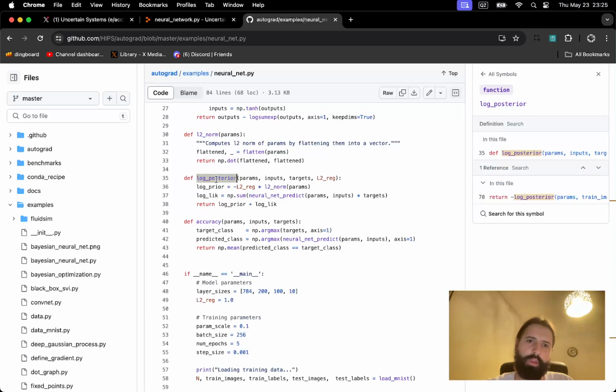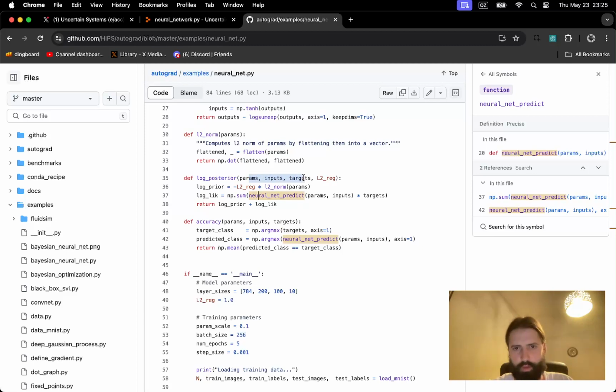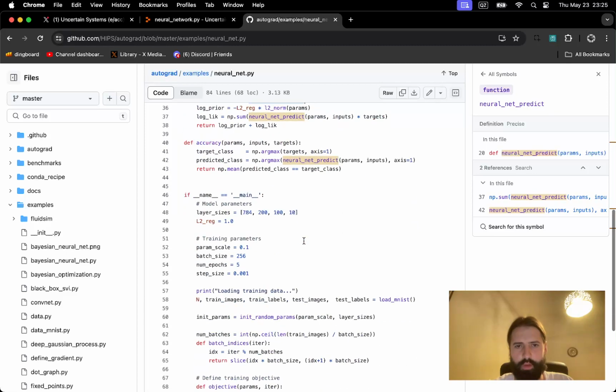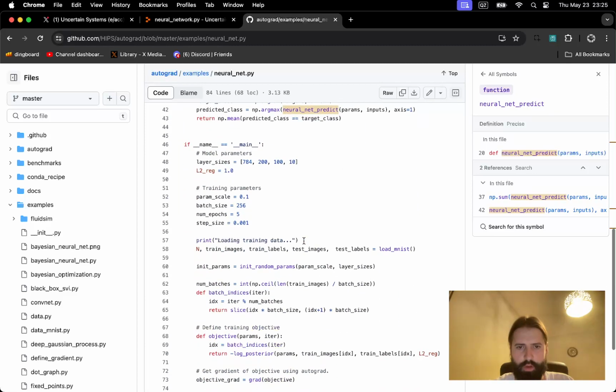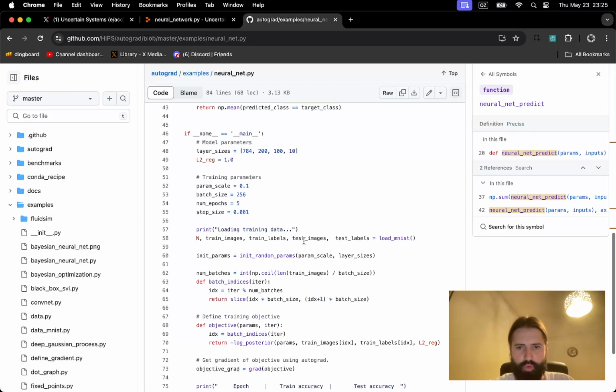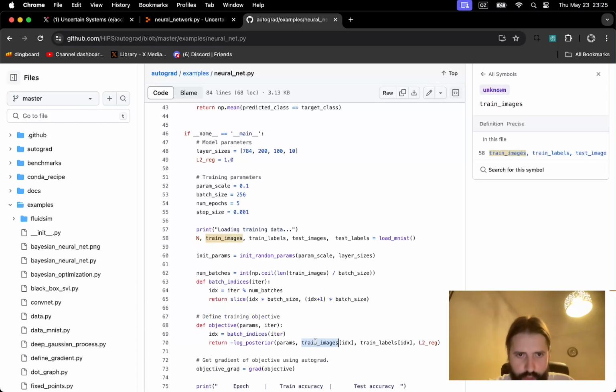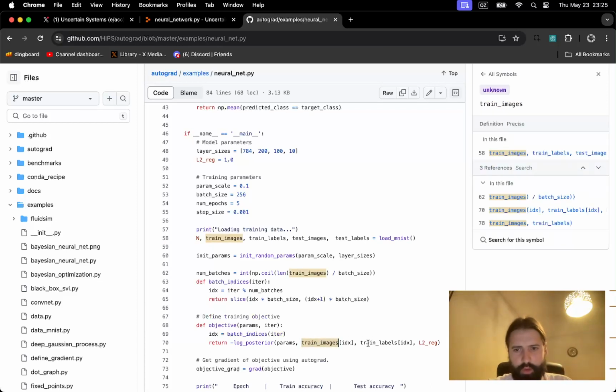And log posterior actually does the neural net predict. So it does use these inputs and targets, train images, train labels.